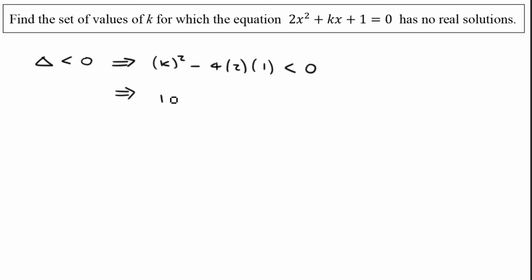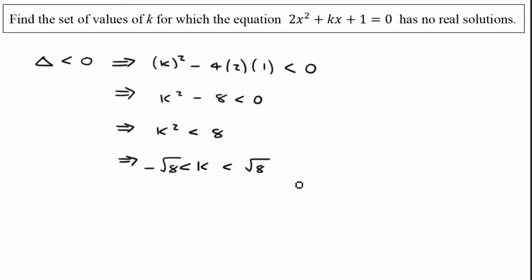In other words, k squared subtract 8 is less than 0. So k squared is less than 8, and therefore k itself must be less than the square root of 8 or greater than the negative of the square root of 8. These are the values of k for which the original quadratic equation has no real solutions.